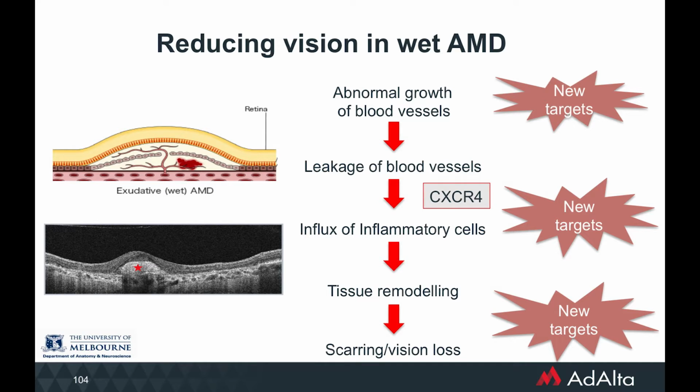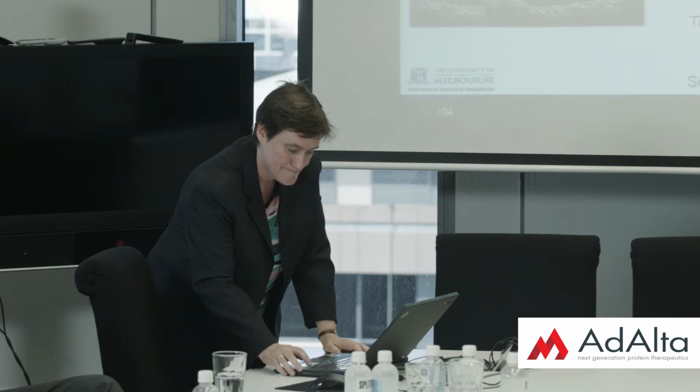Then there is also the fact that the blood vessels become very leaky and allow cells to come into the back of the eye which wouldn't normally sit there, and targeting those immune cells and fibrocytes, and CXCR4 is certainly one of those targets. And then we have the whole issue around tissue remodelling and scarring. Again, there are other targets, like the TGF-beta pathway, for example, that could be of use there. So what we need to think about is what evidence there is for targeting each of these different stages and which ones would be of most benefit.